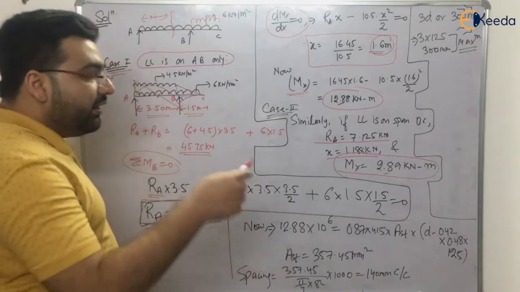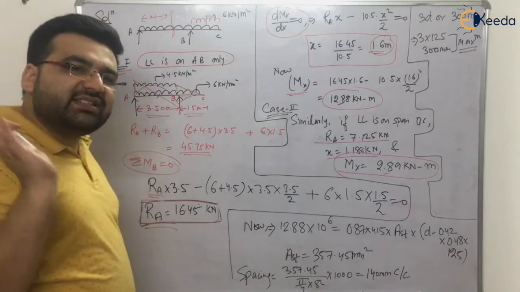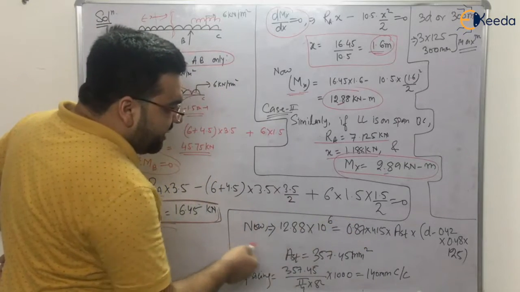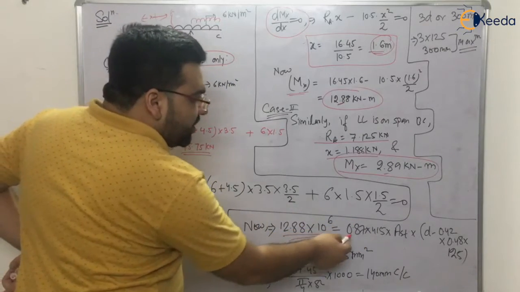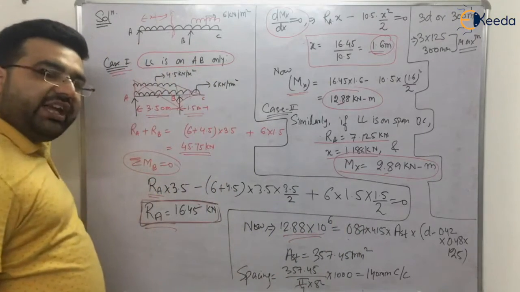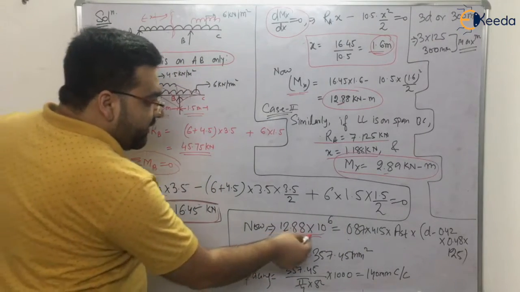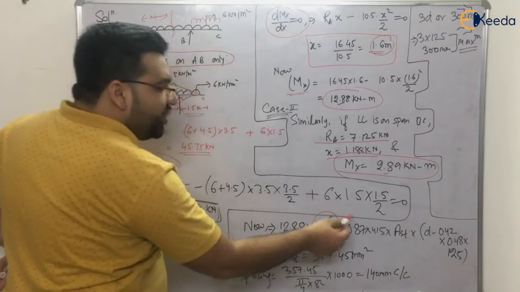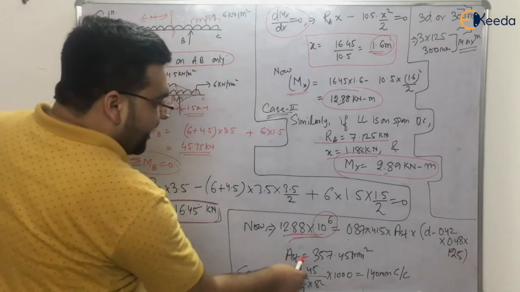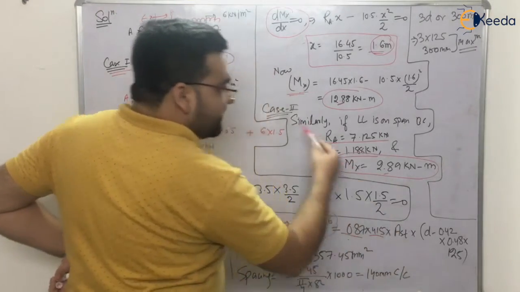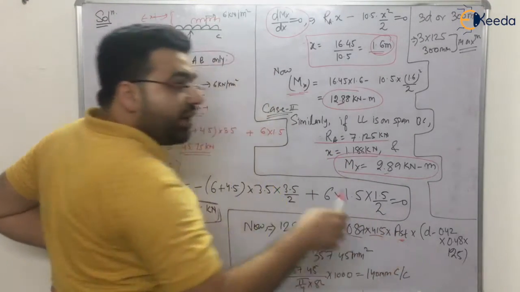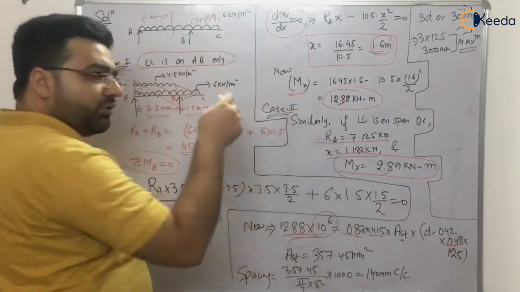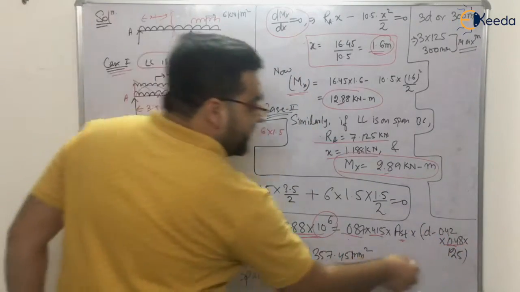First of all, we have to assume it's a balanced slab, and the area of steel can be determined by Mu equals 0.87 Fy Ast into lever arm, right? The moment of resistance in kilonewton meter is multiplied by 10 raised to power 6 to get Newton mm. So you get 0.87 into 415, as steel was given to you, into area of steel, which you have to determine, into d minus 0.48. Why 0.48? Fe 415 was given in the question, and d was also given.